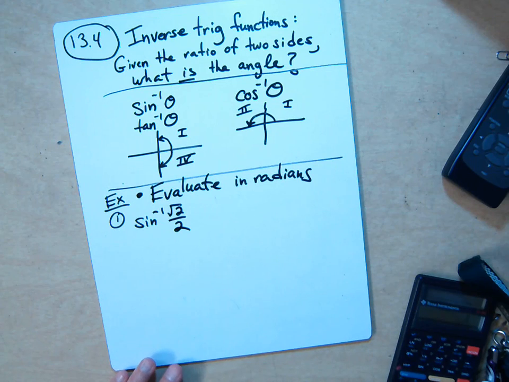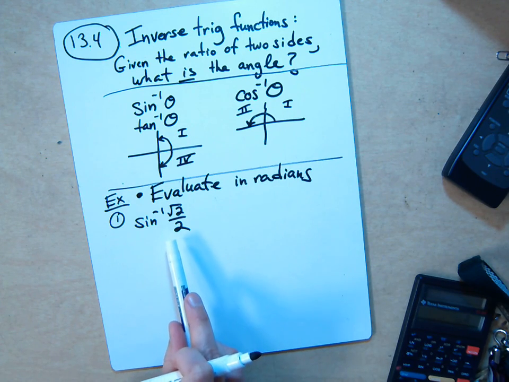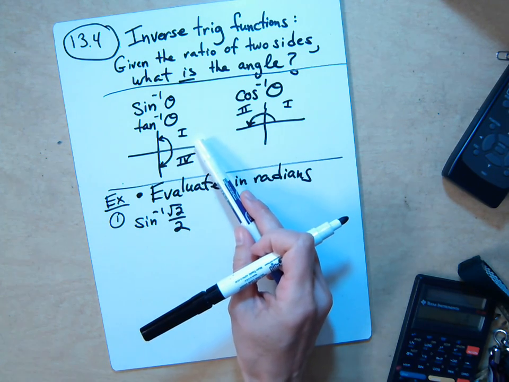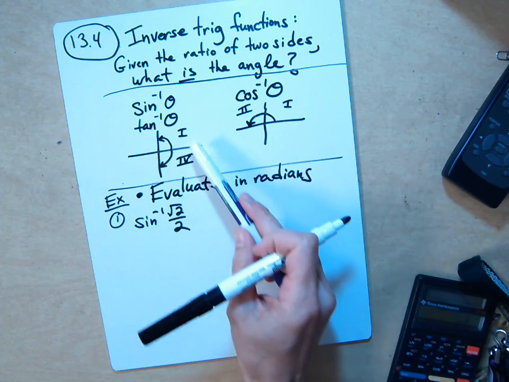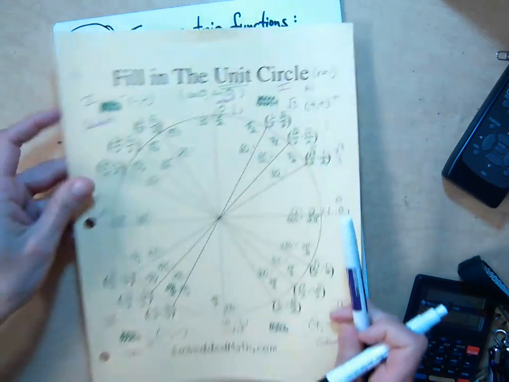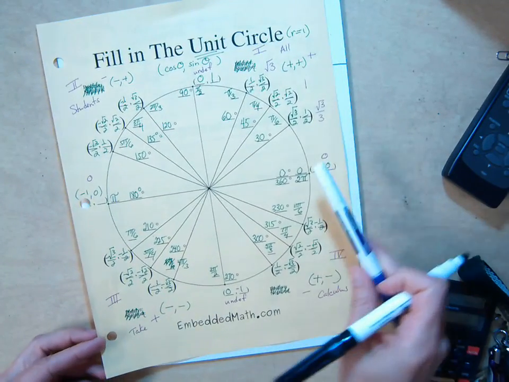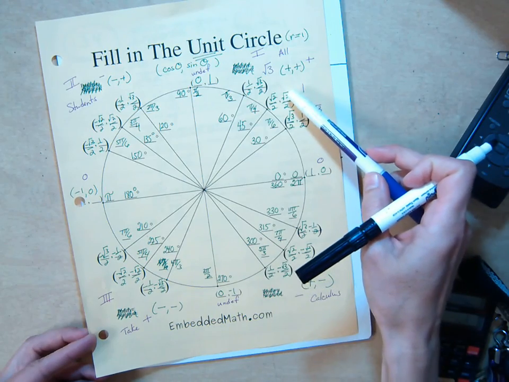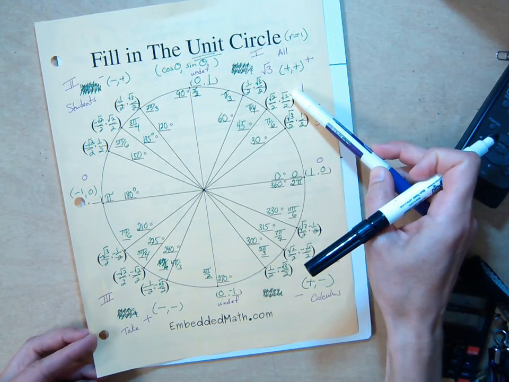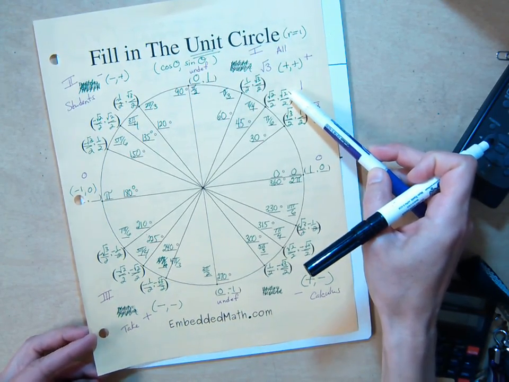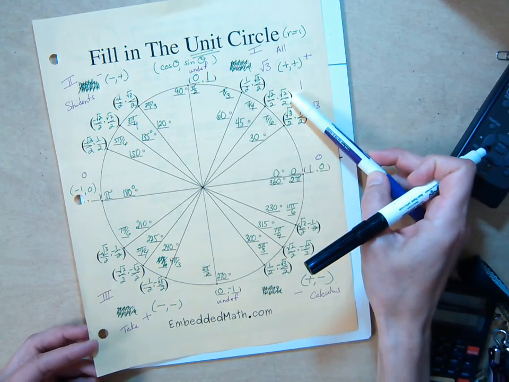That's the question. There's no work to show here. I would look on my unit circle and go to √2/2, and I know the answer is only in quadrant 1 and 4 because I was given that. If I look at my unit circle, √2/2 for the sine is here, and there's only one answer actually, and it's pi/4 in quadrant 1.